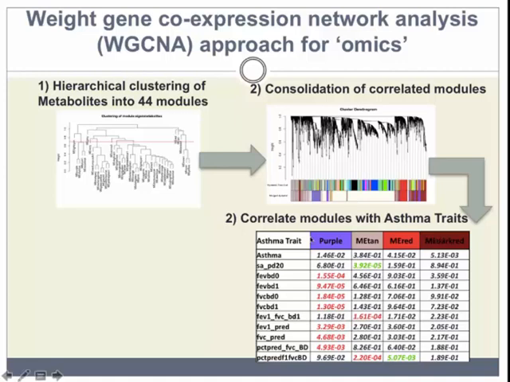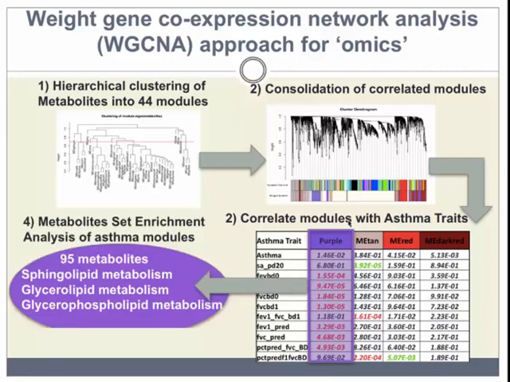When we look at these important asthma traits, we see, wow, this purple group is really associated with a lot of important asthma traits. And then we identify the genes in that module, all these purple genes, as being likely asthma genes, or actually in this example, all with metabolites, so asthma metabolites.